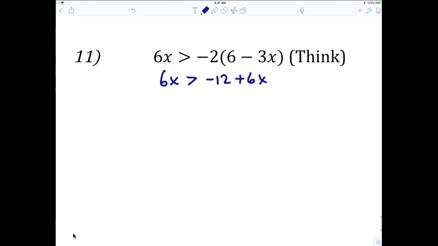Very good. I'm listening. But wouldn't 6x be greater than 6x plus or minus 12? Yes, that's why it's all reals. Oh. If it's a true statement, it's all reals. If it's a false statement, it's no solution. Okay. Does that make sense?